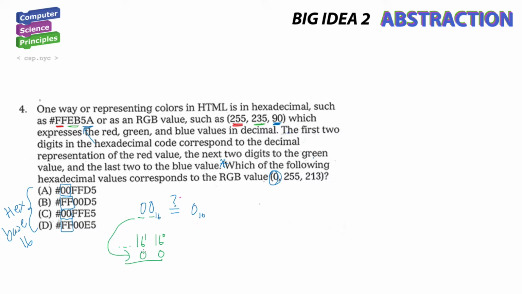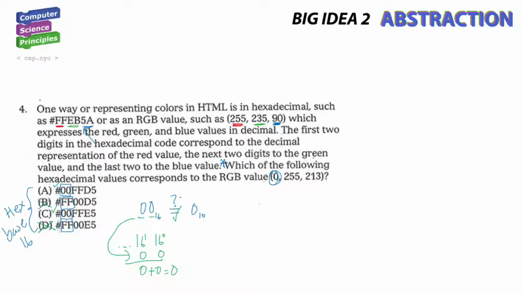And 0 times 16 to the 1, which is 16, is 0. So 0 plus 0 gives us 0. Therefore, it is correct that 0, 0 in hex is the same as 0 in decimal. So straight away, we know it's either A or C, because those are the only two with 0, 0 at the start. So we can cancel B and D.